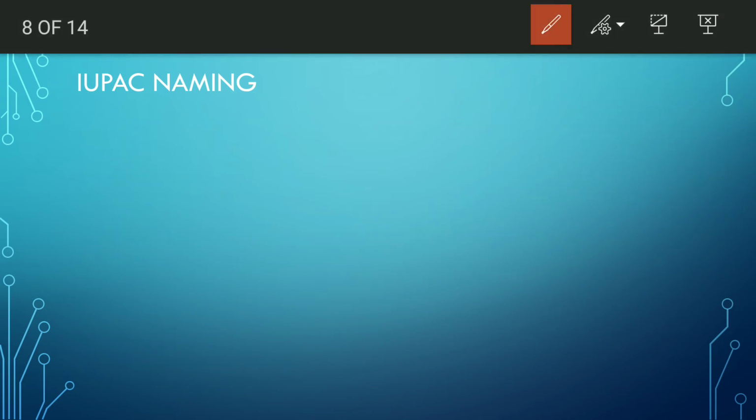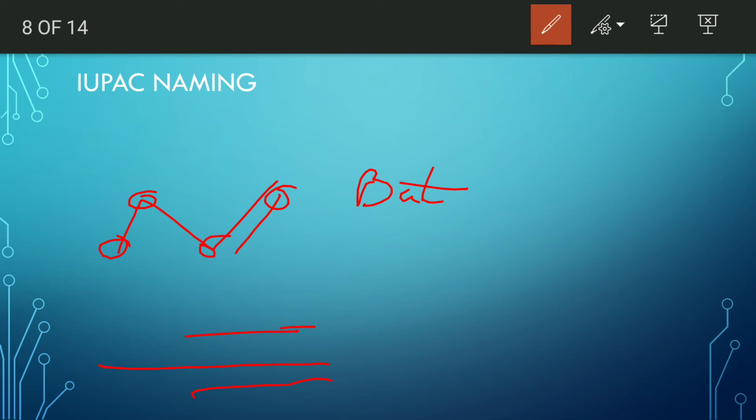Let's see another example. If I have this one and this one. Now, how many carbons are present here? 1, 2, 3, 4. So, but, and if there is a double bond, then it's an alkene, and if it is a triple bond, it's alkyne. So you must all know this one. Here ene.